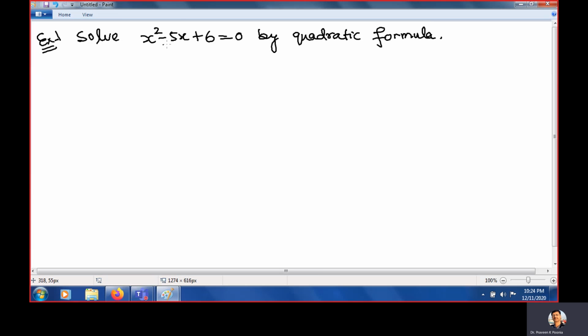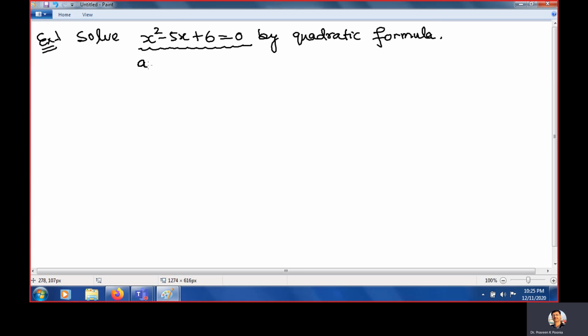So I want to tell you both types of example. If here is 1, means nothing is written, and if here is other than 1, any number is written. Clear? First we are taking the same quadratic equation that we can solve by factorization also.